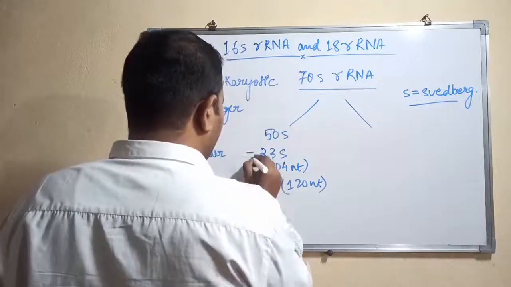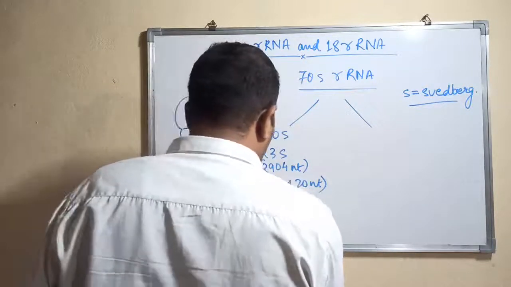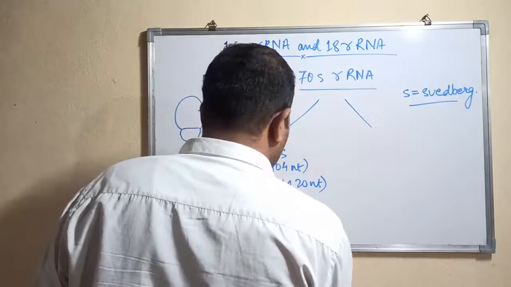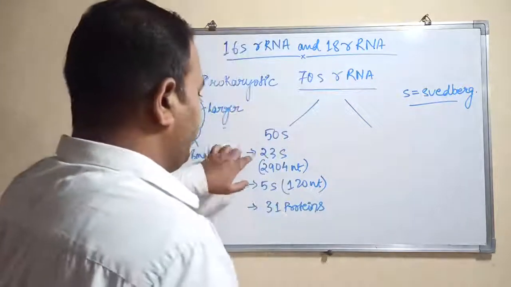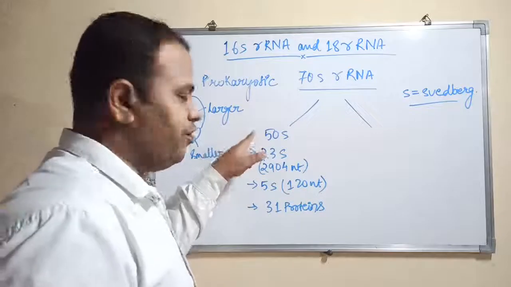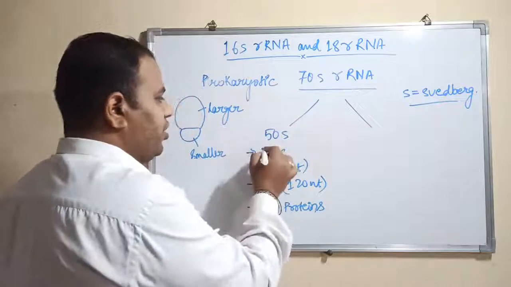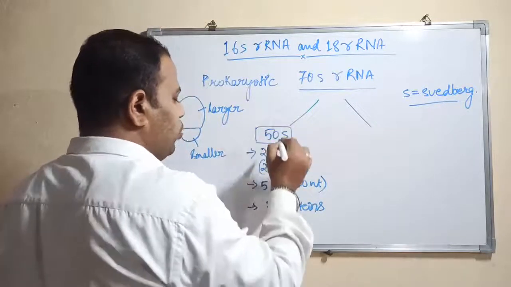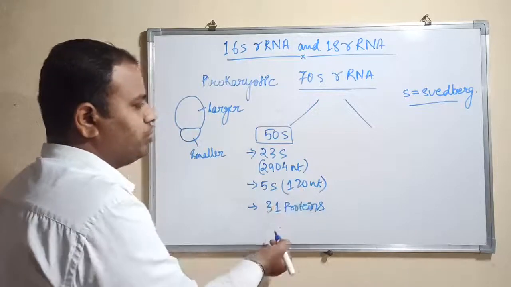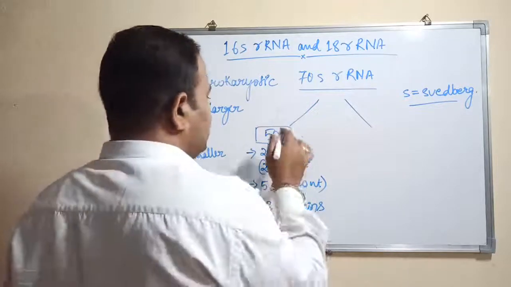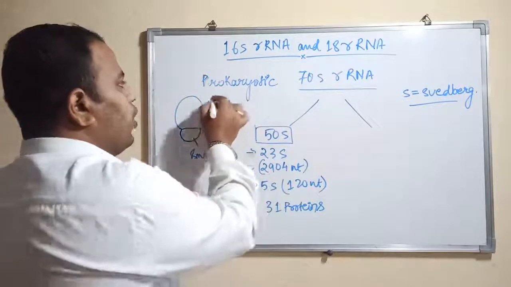Then there are some proteins also, around 31 proteins. Even though the sum of 23S and 5S does not bring about 50, it is actually 50S only, which combines the density of these 31 proteins also. So this is the larger subunit of the prokaryotic ribosome.